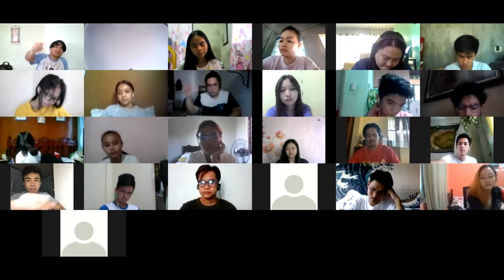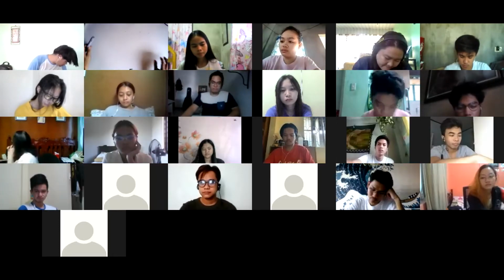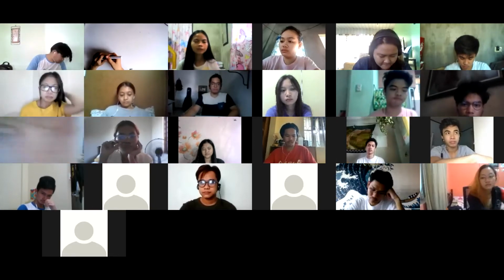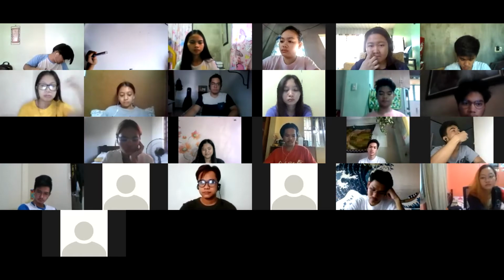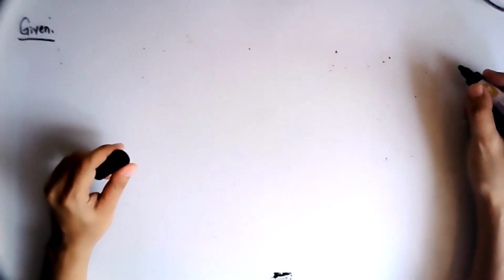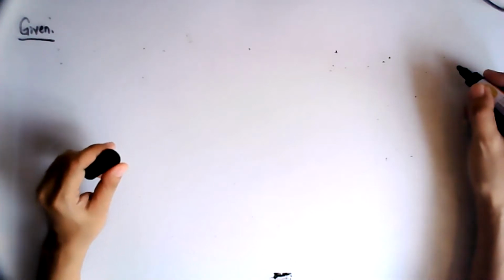So we are going to discuss the problem. Okay. According to the problem, we have one edge given. One edge of the parallelepiped. Let me draw my figure here. One edge of the base of a regular square prism.